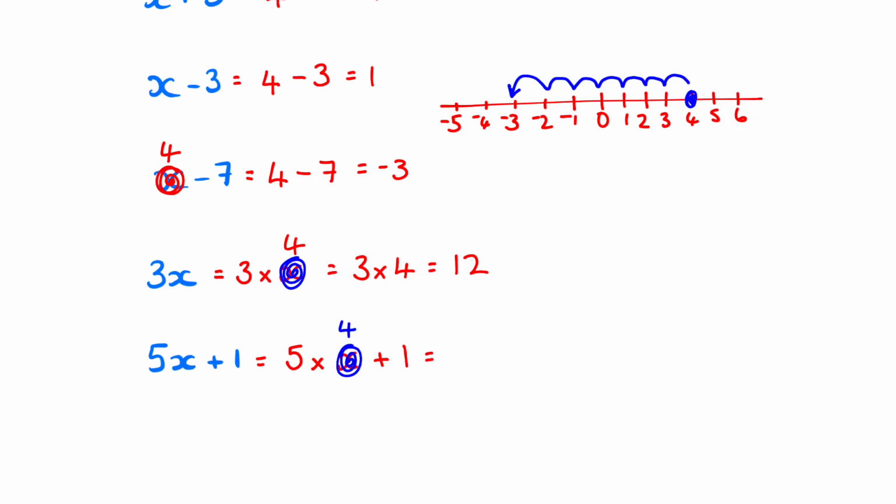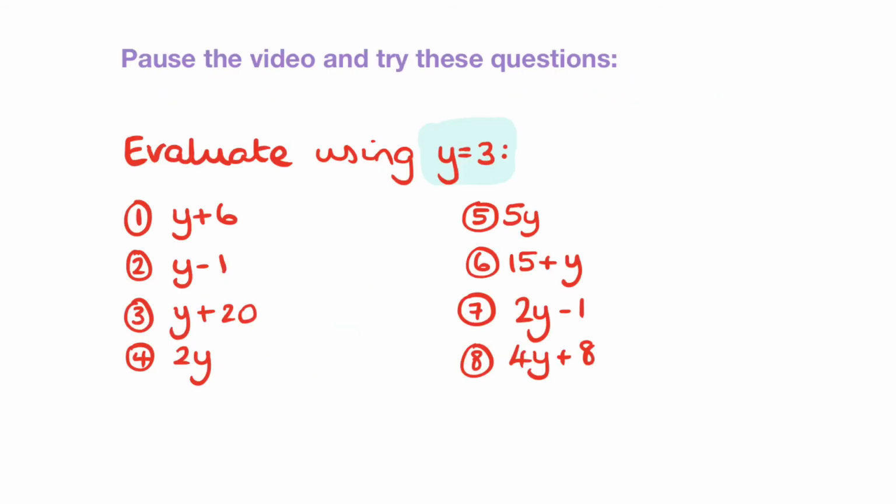So what we're really working out is 5 times 4, add 1. So 5 times 4 is 20, add 1 makes 21. Okay, so each time when we're substituting, all we're doing is swapping out the letter for the value that we're told. So I would like you to try these ones by yourselves now.